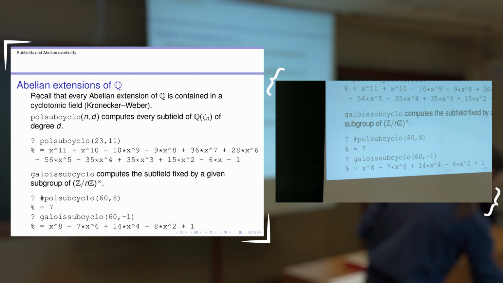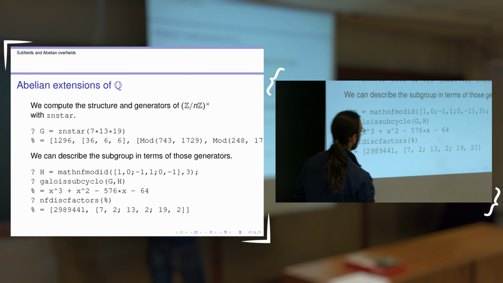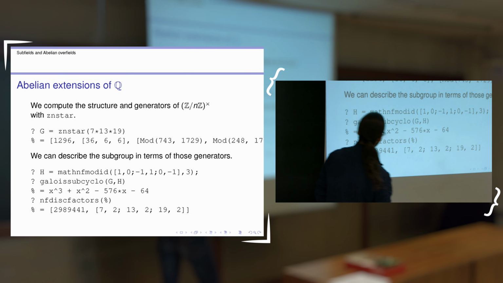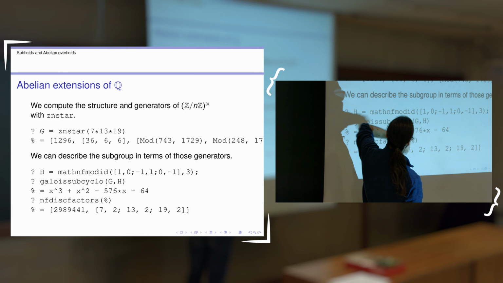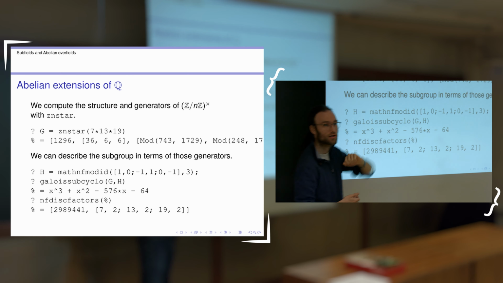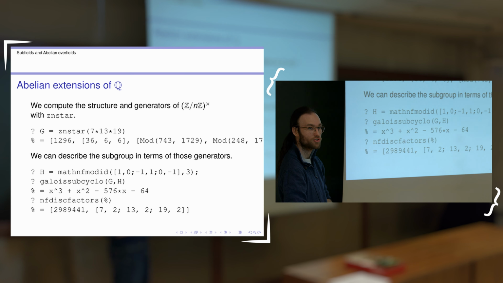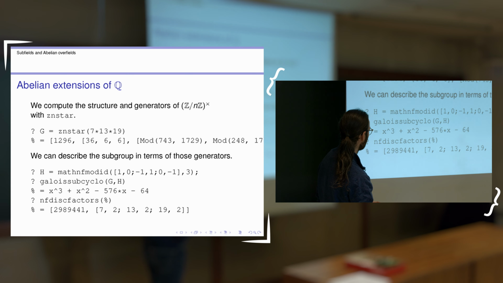And you can also describe the subgroup by giving a matrix describing the subgroup in terms of the generators given by znstar, which computes the structure and generators for (Z/nZ)*.